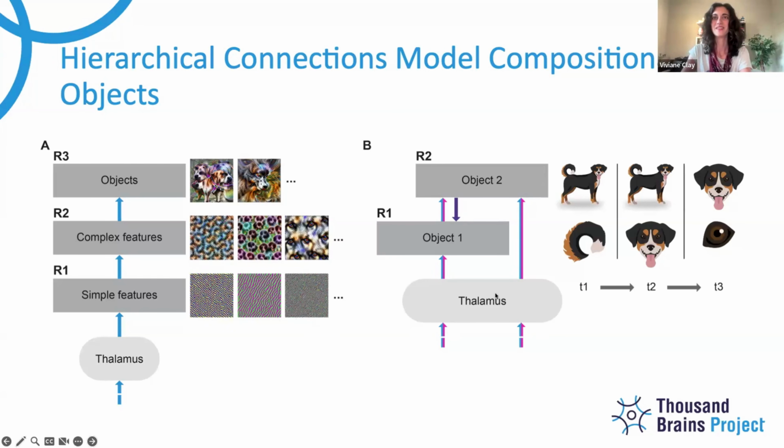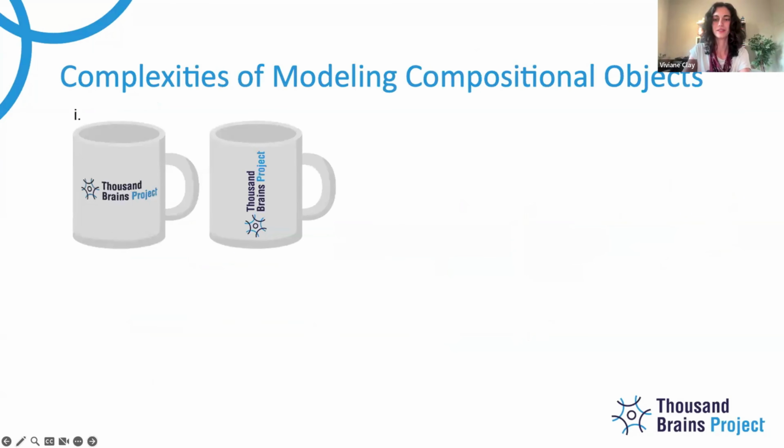Okay, so now how does this actually get implemented in a cortical column? First of all, just getting into a bit more of the complexities of modeling compositional objects. You might first think, okay, it's simple. I have a model of a cup and I have a model of a logo, and now I want to learn the logo on the cup.